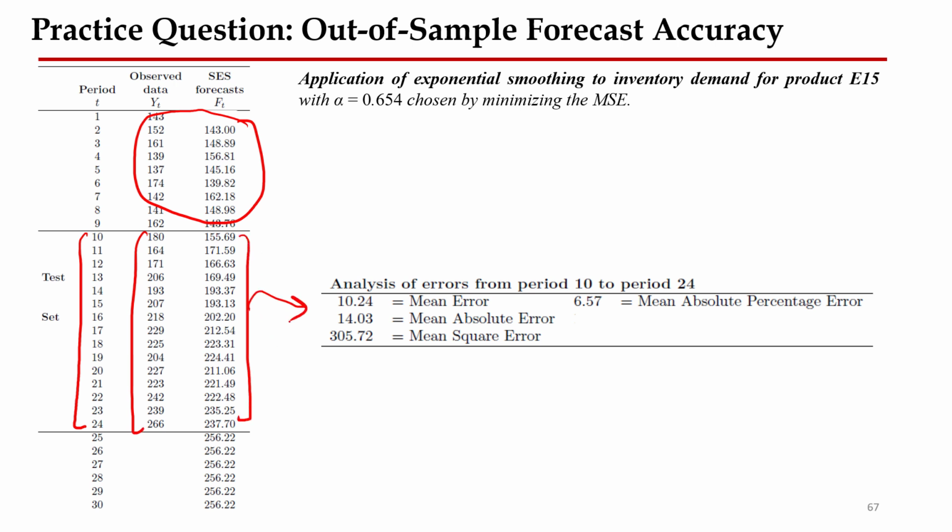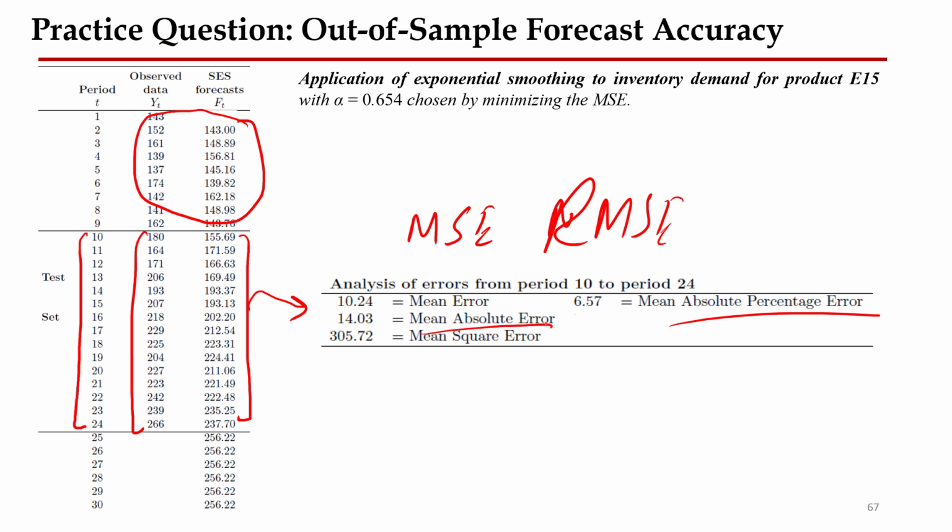Then we calculate all the measures of forecast errors, such as mean square error, root mean square error, mean absolute percentage error, and mean absolute error, which is also known as mean absolute deviation. That is known as out-of-sample forecast accuracies reporting.